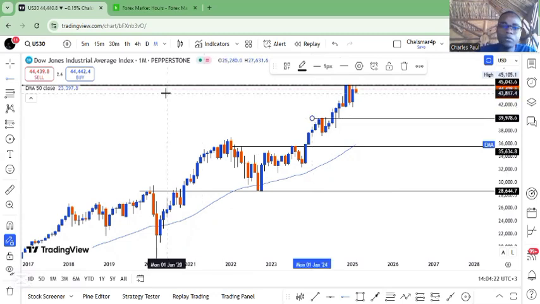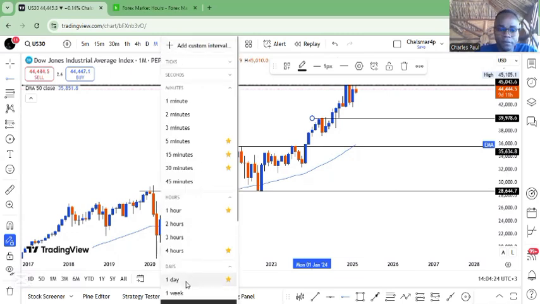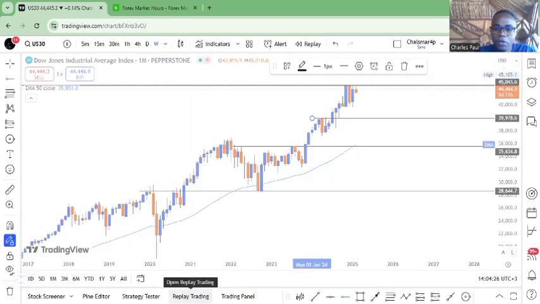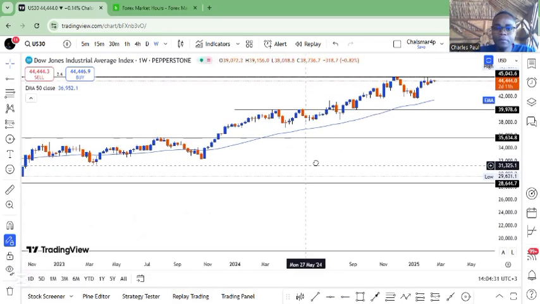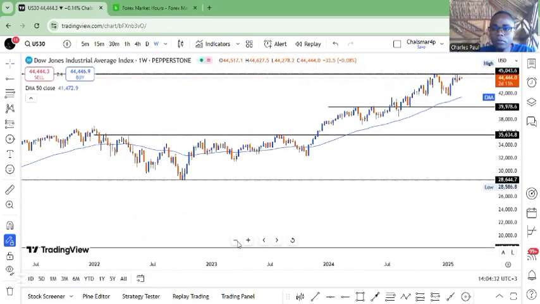After then, we need to drop down to weekly time frame. This is your weekly time frame, guys. On weekly time frame, you also need to do the same procedures that you did in monthly time frame, though in weekly time frame we also make some modifications.